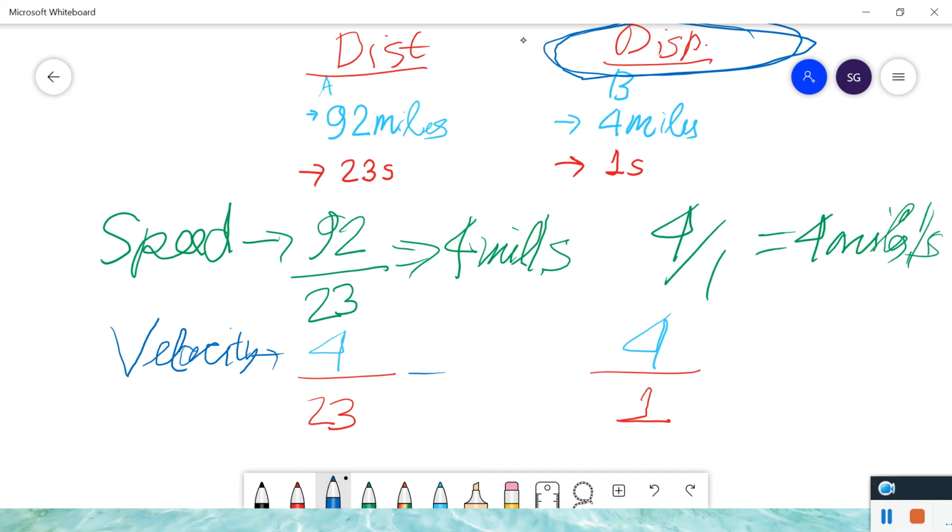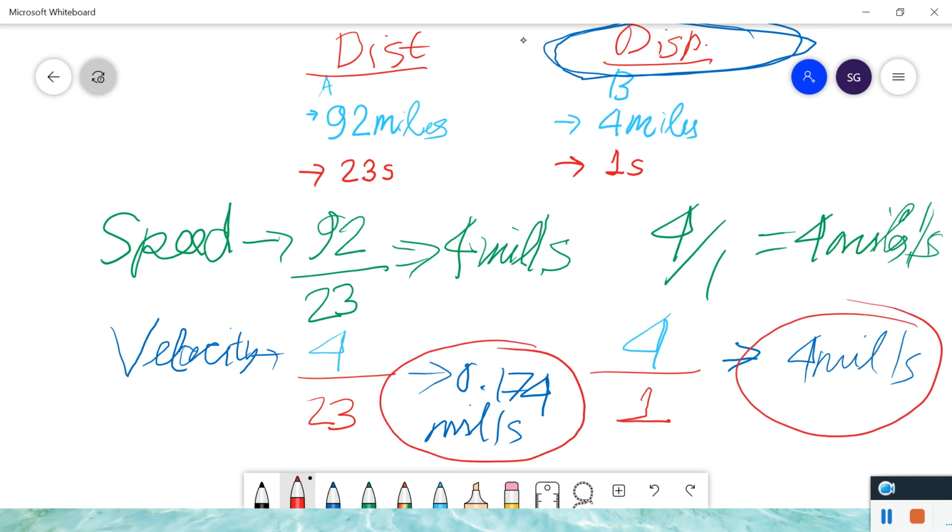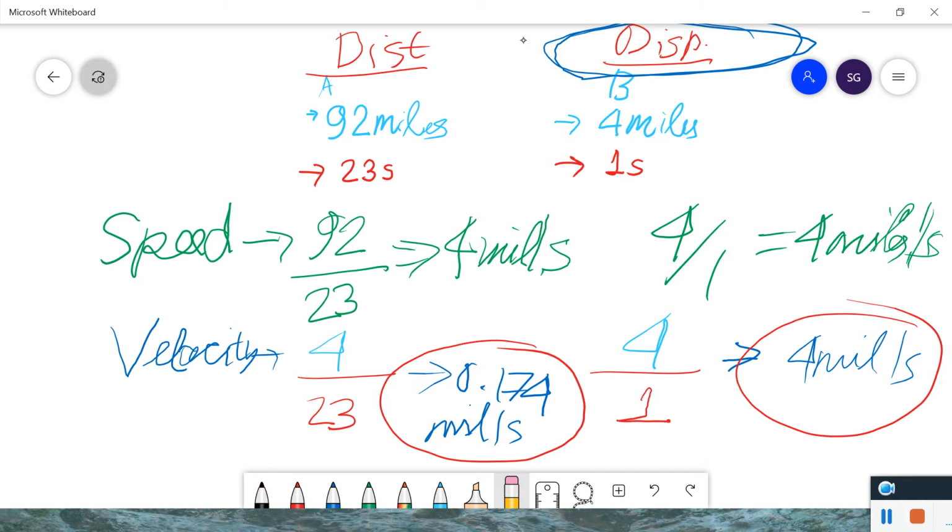So the answer comes out to be 0.174 miles per second. And here it is 4 miles per second. Can you see the difference? This is a huge difference.